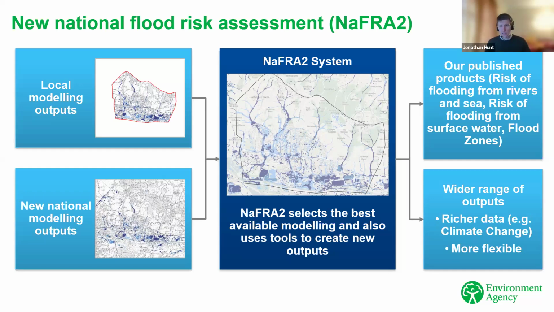So it's the same system that will be used to produce each of our data sets, and each of those data sets are different. They meet different needs in different ways, but there's a consistency of approach across the whole. And it will enable us to provide new outputs in the future, and also internally give Environment Agency staff new ways to probe flood risk so we can support customers and partners. And what we published in January and what we'll publish in March is the first fruits of this new approach, which we'll keep improving and iterating.